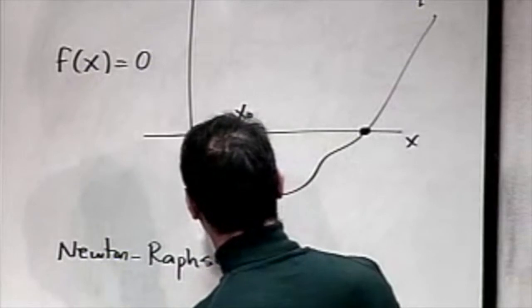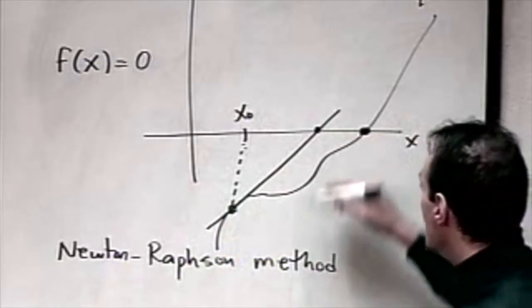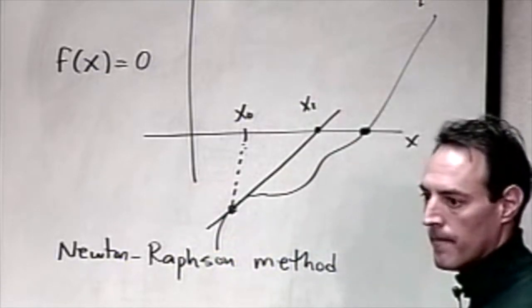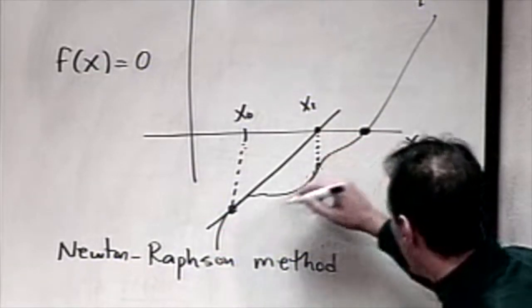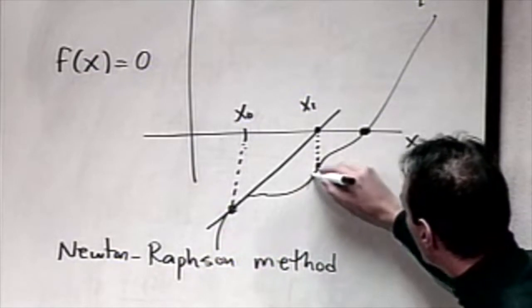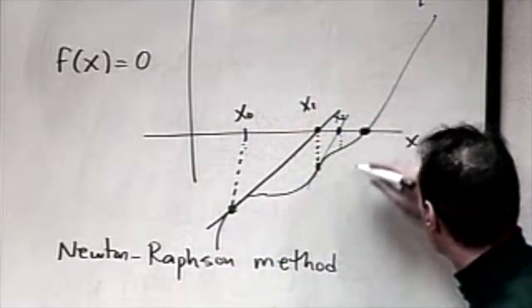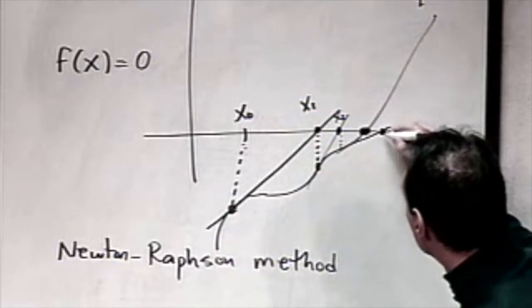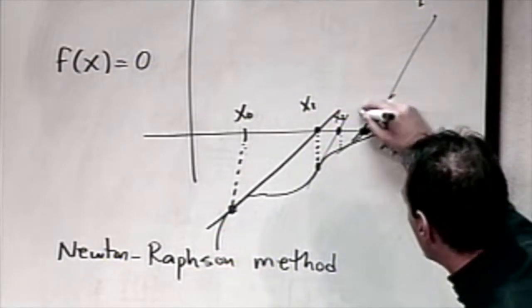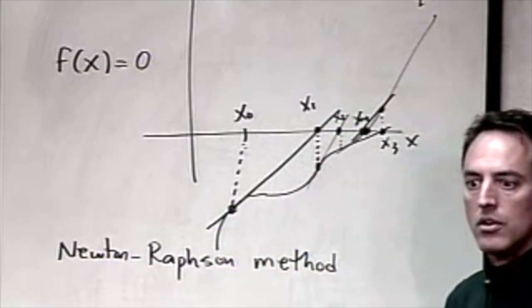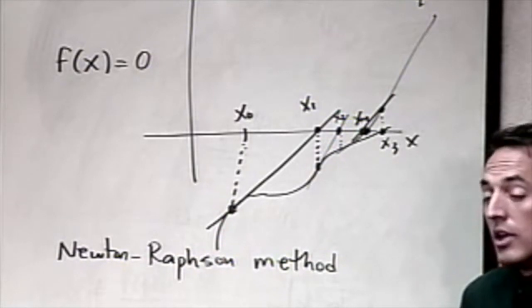If I draw the slope all the way back to the 0 line, this is now my next guess. I'm here, a little bit better. Now let's go off that slope. That's my x2. Slope here takes me over to here. That's my x3. Slope it from here, and I get pretty close now. This is the process: always take the slope and see where you end up on the line. Use that as your new guess value.